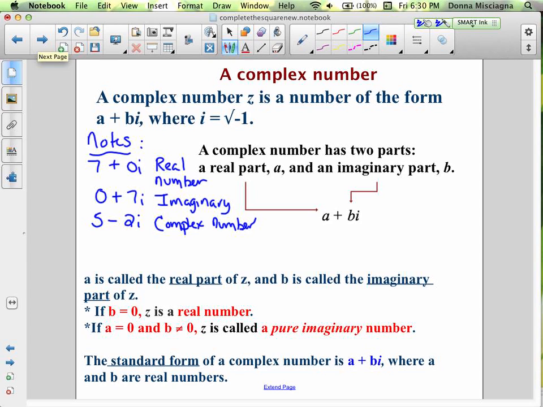Real numbers and imaginary numbers are part of the set of complex numbers, but here we have both parts. This is the real part, and this is the imaginary part.